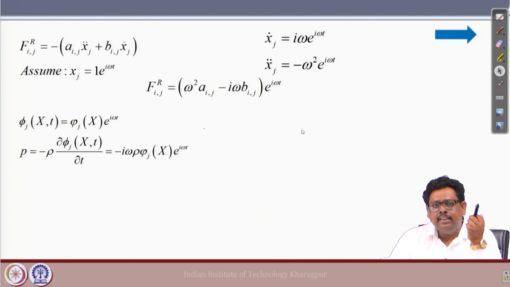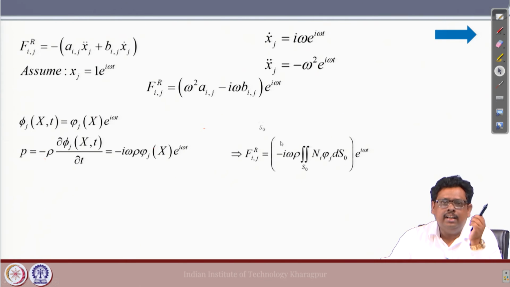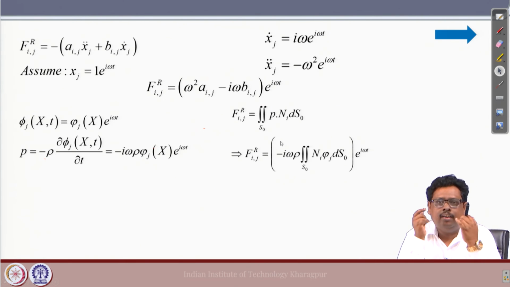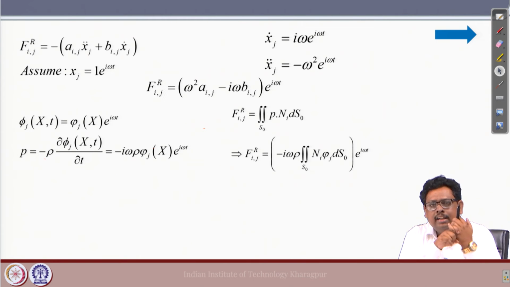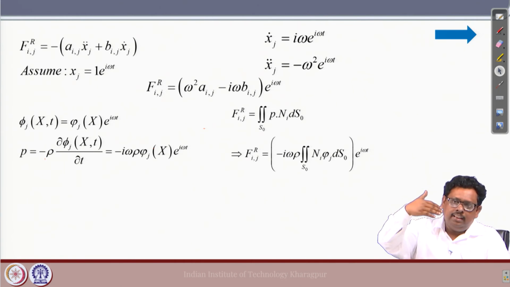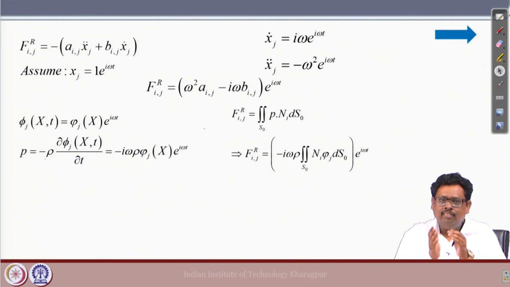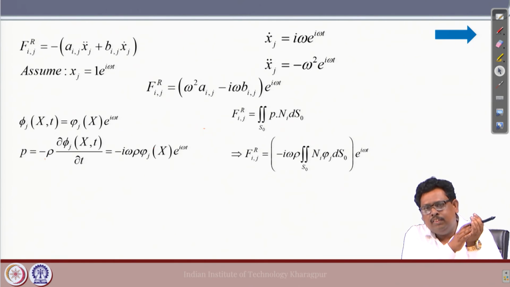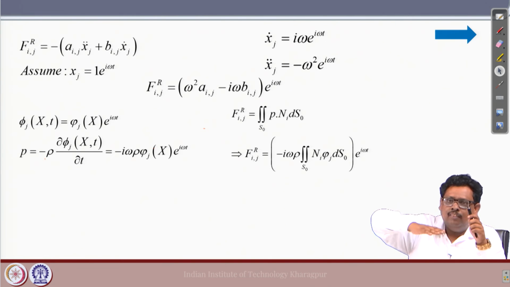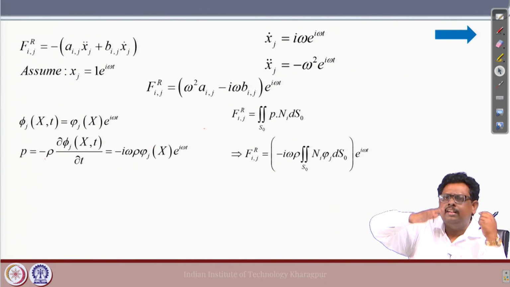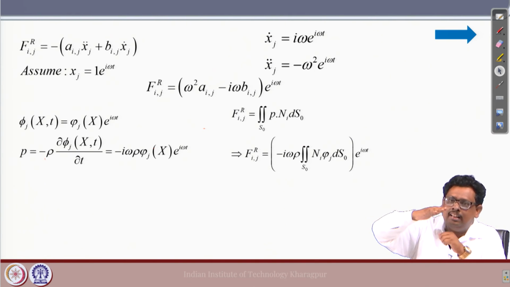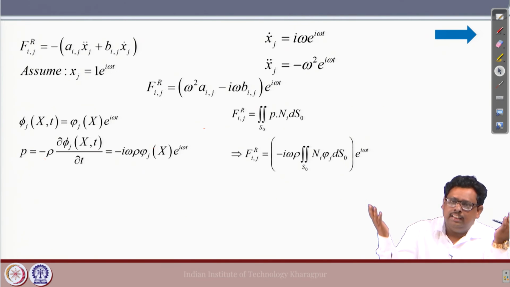Now, if I integrate this pressure in the direction of i, I get the force in the direction of i, right. I oscillate the body in the j direction. If you are confused by this, just refer to my previous lecture. When I say that I can oscillate a body in some arbitrary mode j, I can still expect some force along the direction of some i.